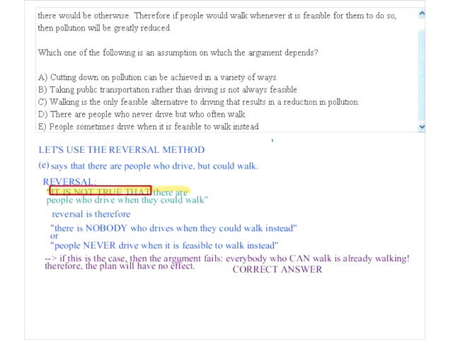Let's take a look at C. C says there are no ways to reduce pollution other than driving. The reversal of this must be there are other ways to reduce pollution other than walking, sorry.